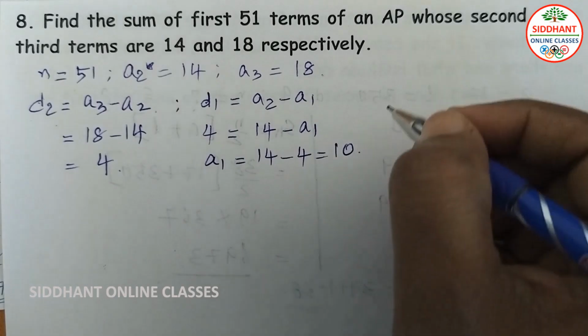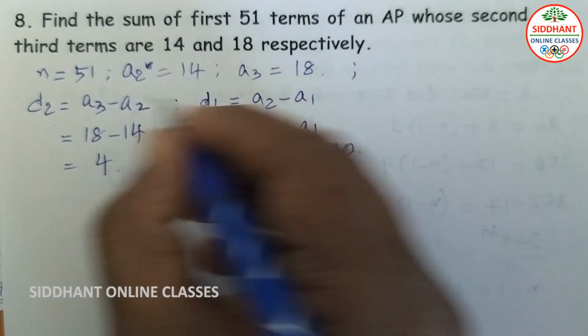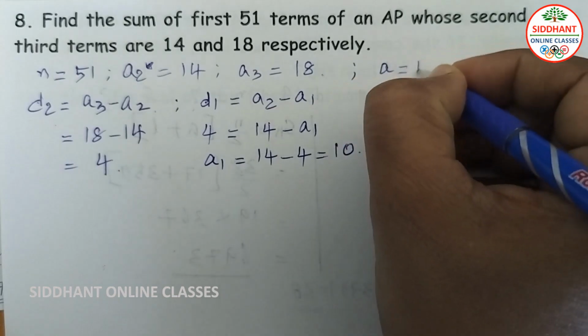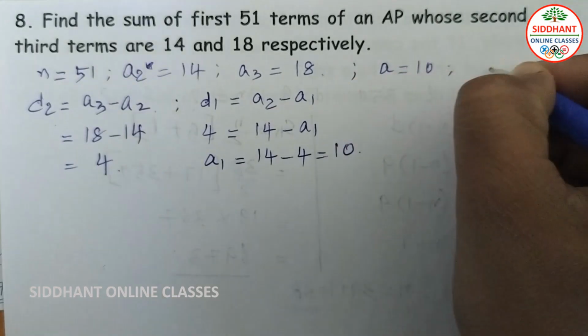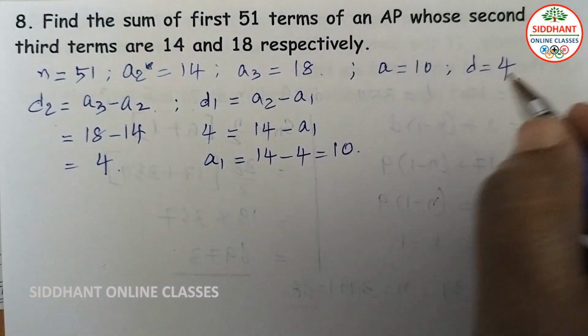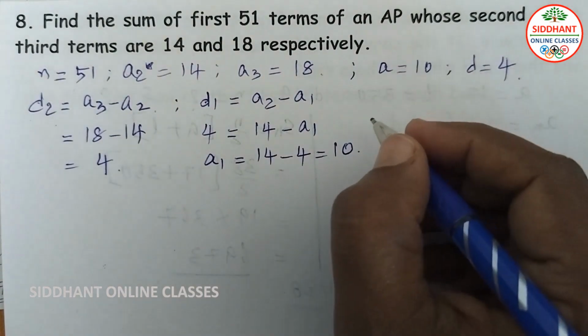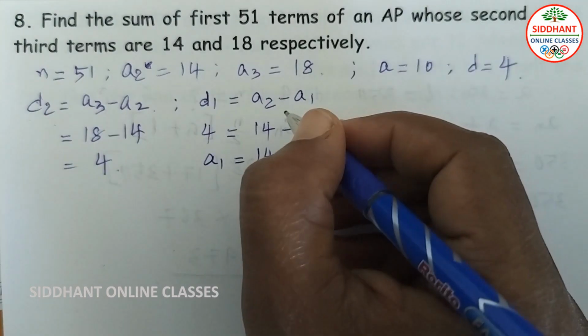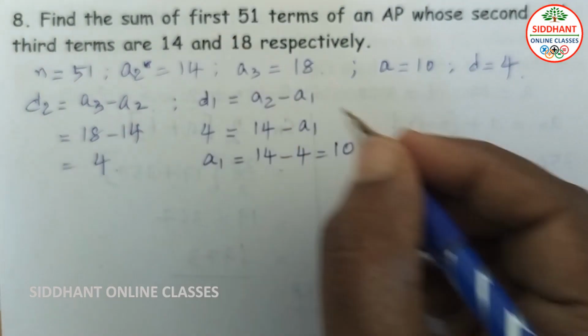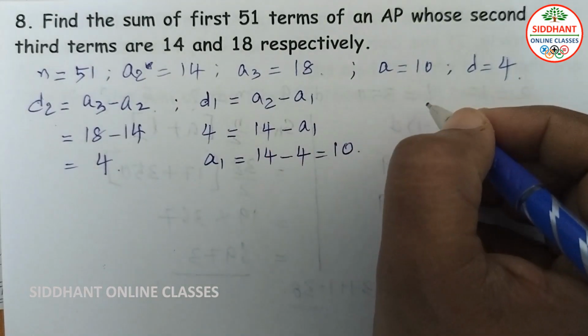So now we got the information. n is given 51, a we got which is 10, and d we got 4. And now we will find the an, and after that we are going to find out the sum, or else directly we can find out Sn also.